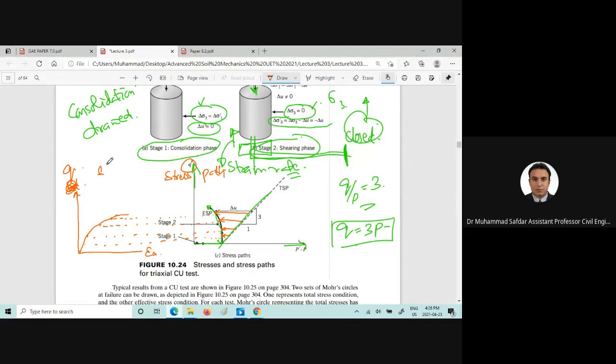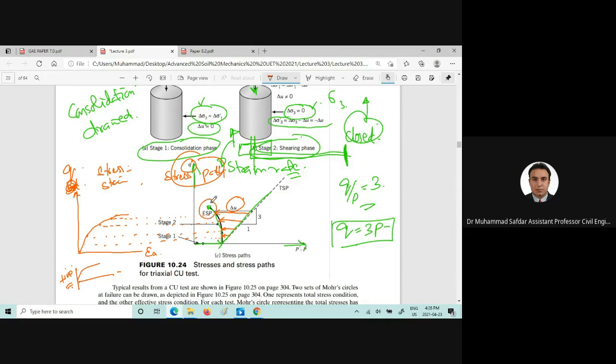So here we are having stress strain behavior, and here we are having the stress path behavior. And we can also, for example, if it's a compressive or loose sand, have positive pore water pressure.